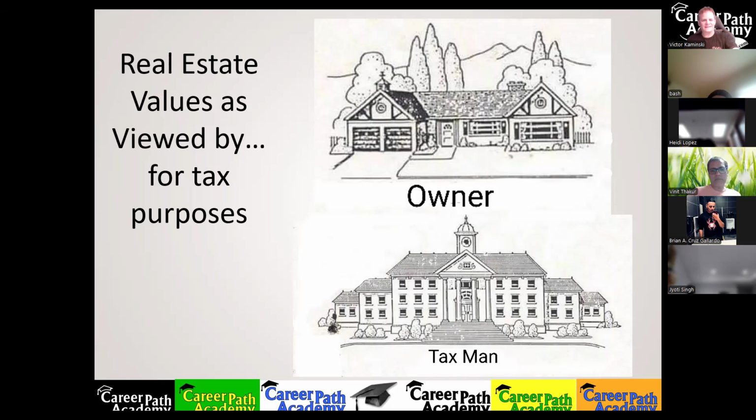So the homeowner looks at their house when it comes to figuring out the property taxes. Yeah, they've got this mild-mannered house here, right? But the tax man looks at it like that. At least that's everybody's projection of the way it looks, from your own eyes when you have to pay the bills.